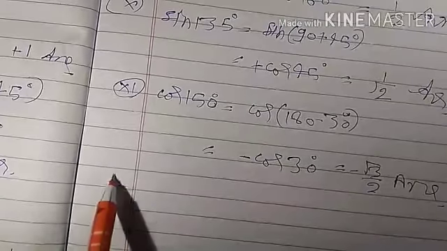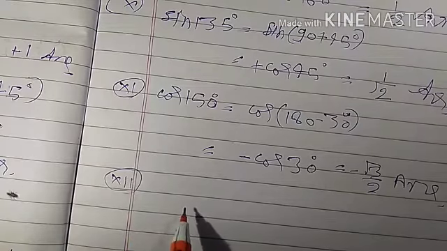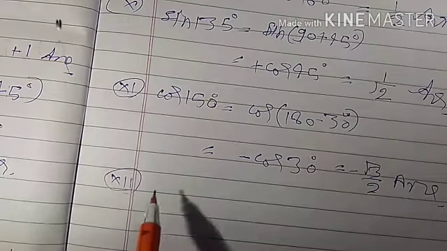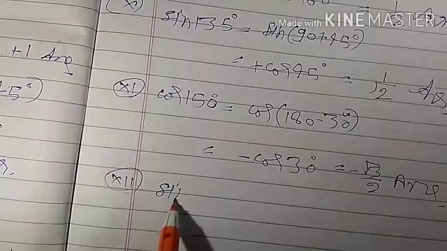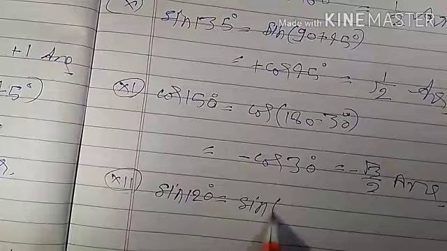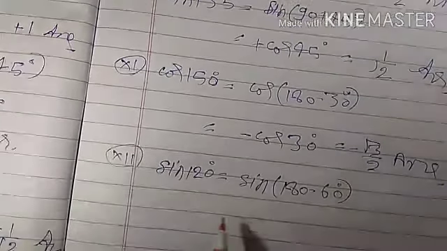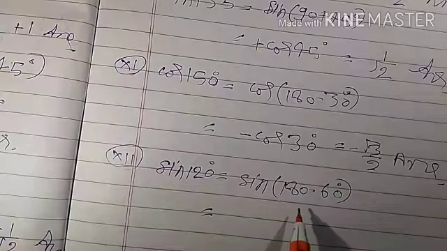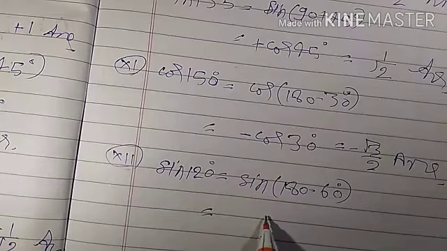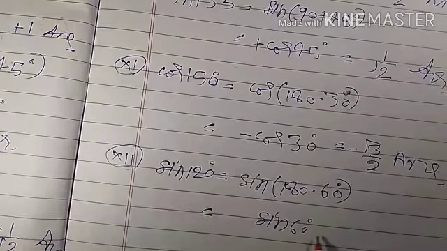Next question, number 12: sin 120 degree. We can write sin (180 minus 60) degree. For sin (180 minus theta), function change is not allowed, so we can write sin 60 degree.